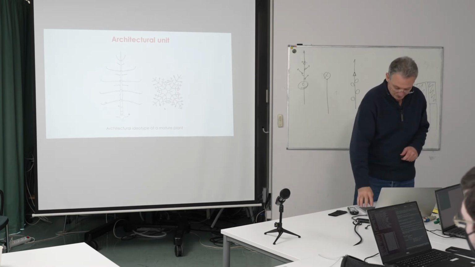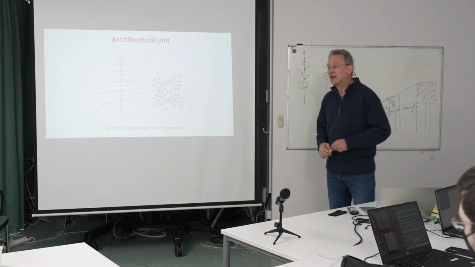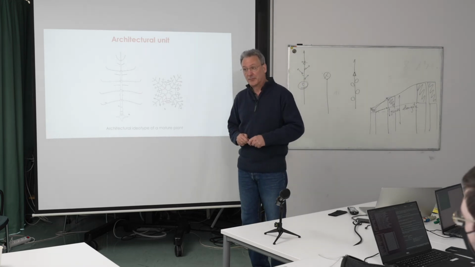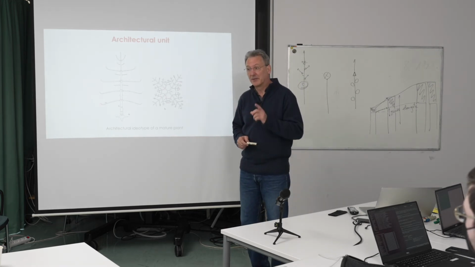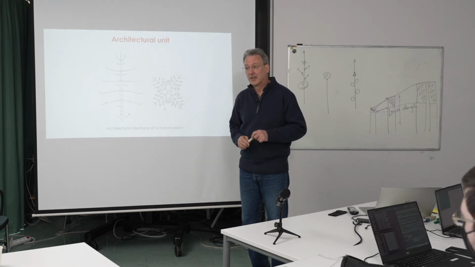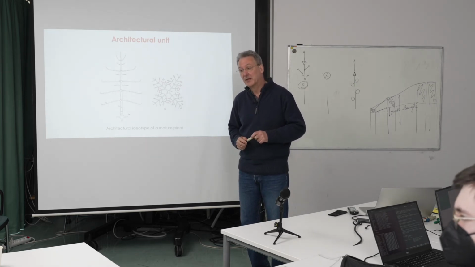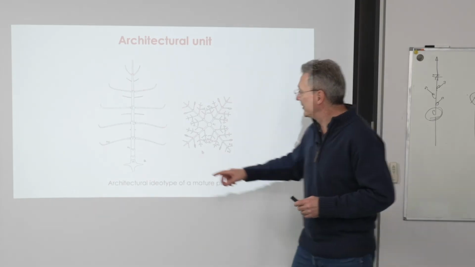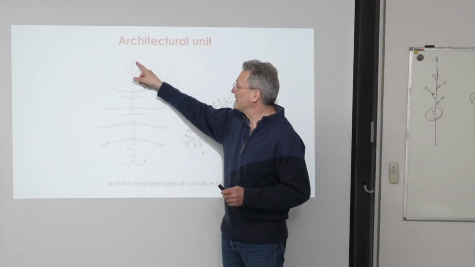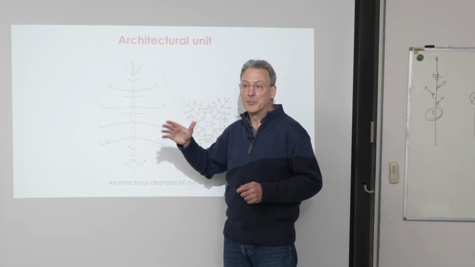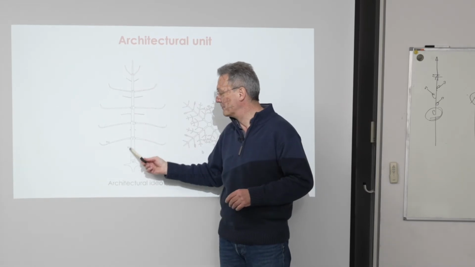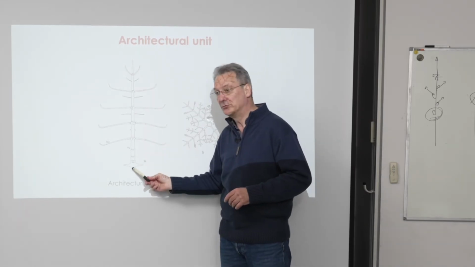And how many axes can we get on a plant? Well, this depends completely on the types of axis, not the number of axes. So this is order, what is the maximum order? Order is the number of branching events that you can find if you follow the path to the root.